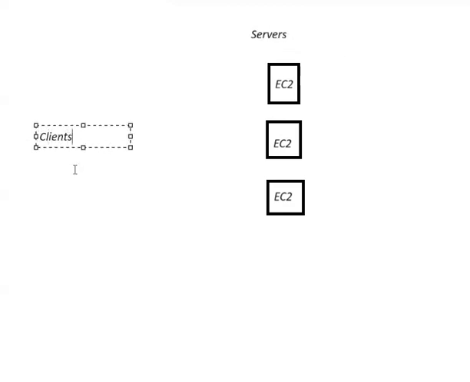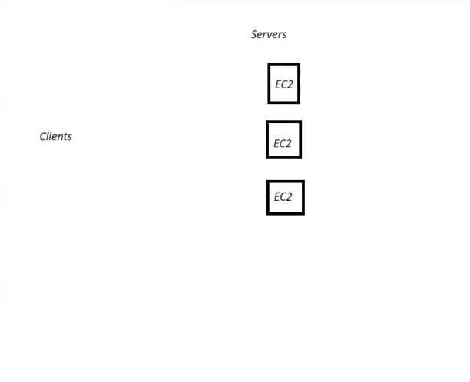Now, which IP address do I provide? This EC2 instance IP address, or this one, or this one? No, I do not provide any EC2 instance IP address, because if I provide one EC2 instance IP address, then all my clients will at a time interact with this EC2 instance, and it will not be able to handle the load.